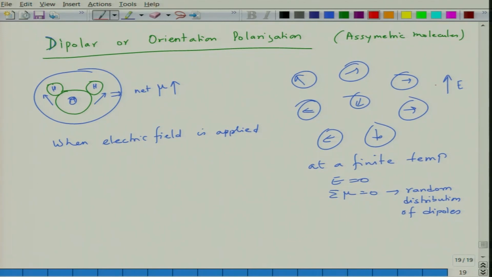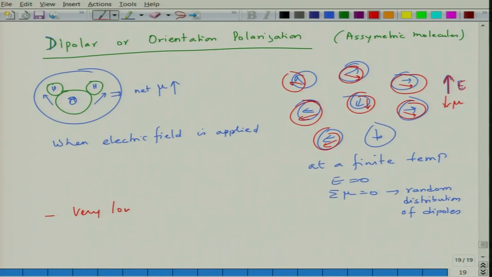This may shift to this direction, this may shift a little bit in this direction, this may go around to this direction. So when you apply an electric field, you may have a net dipole moment generated, and as you keep increasing the strength of the electric field, you will increase it more and more. This is called orientation polarization.